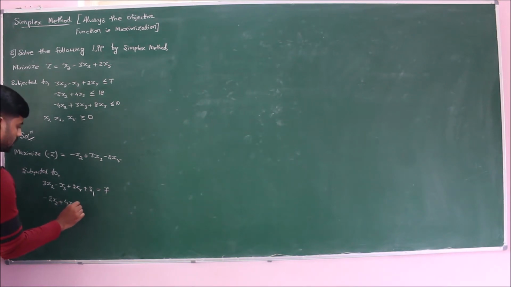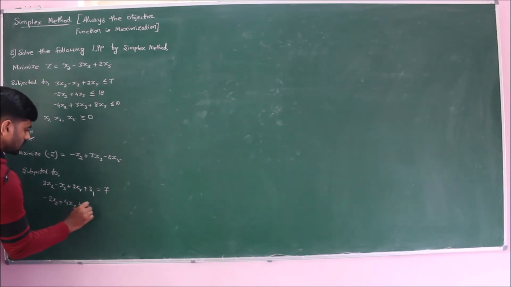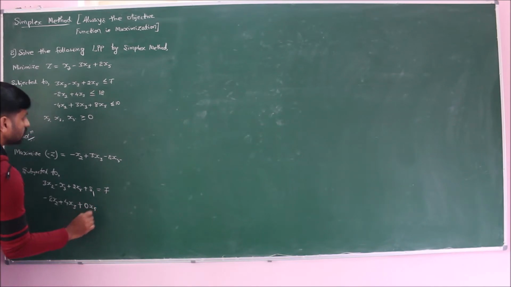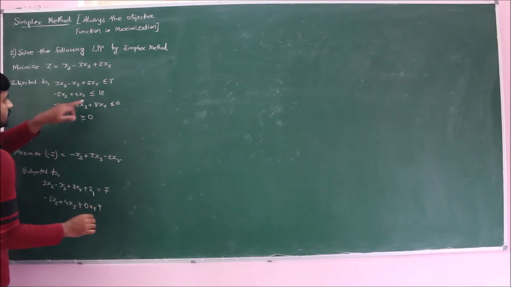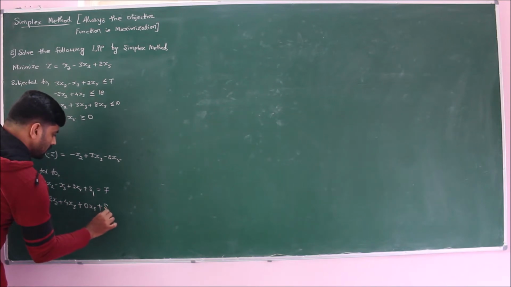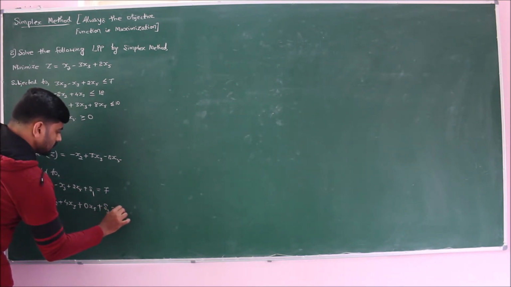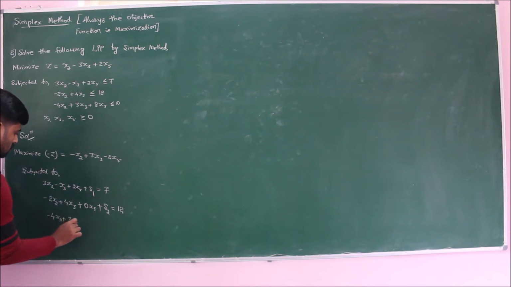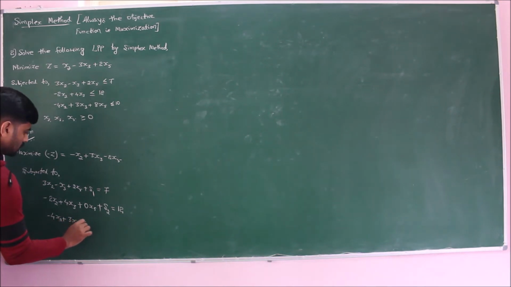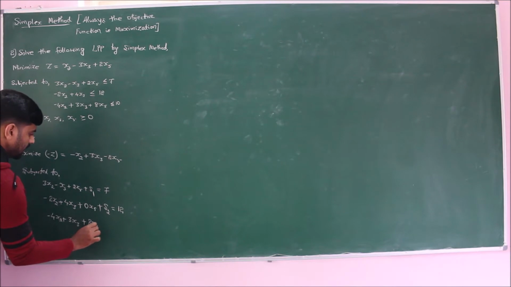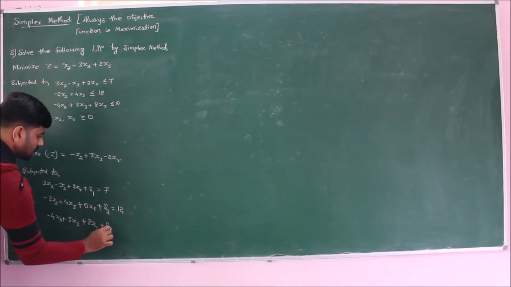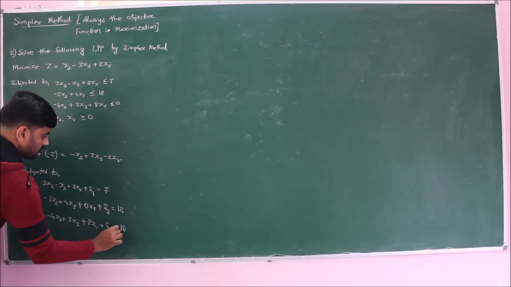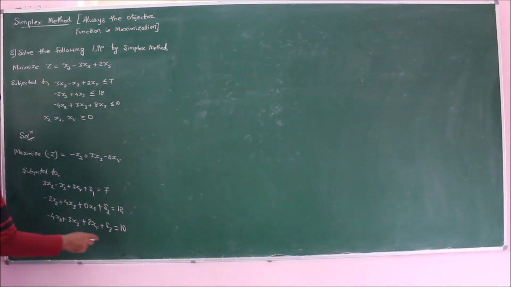We don't have x5, so let me write it as 0x5. Since it is less than or equal to, I should add slack variable s2. This will give us a linear equation with equality. The final constraint is -4x2 + 3x3 + 8x5 + slack variable s3 = 10.